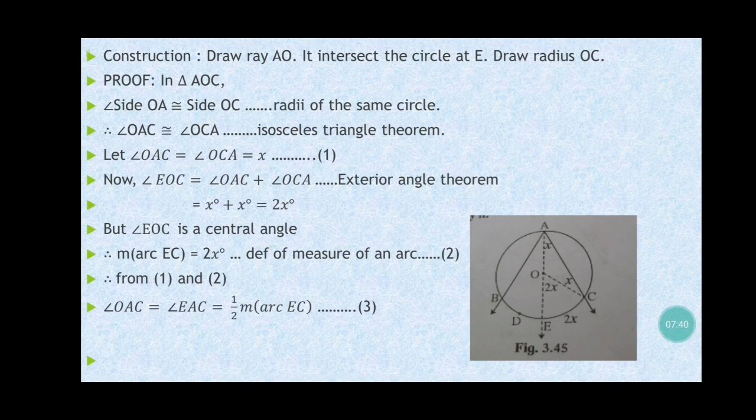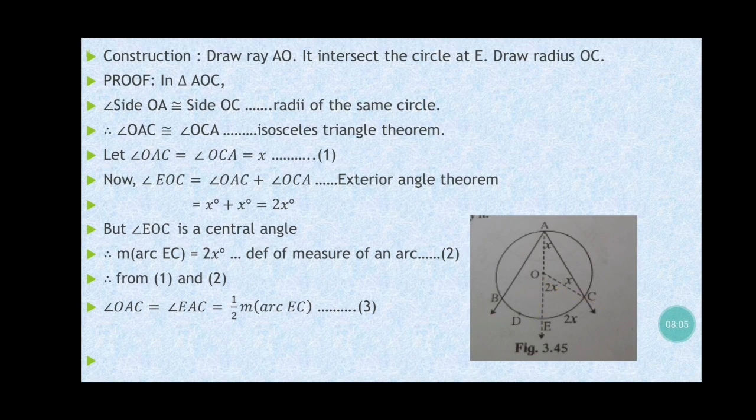Okay, so angle EOC is equal to angle OAC plus angle OCA. Okay, exterior angle theorem. We have supposed that each is equal to X. So it is X plus X equal to 2x, right? So what is the measure of angle EOC?